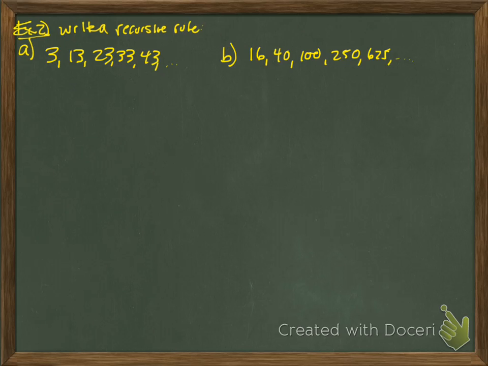So, for part A, as we investigate this sequence, you might notice that every time we are just simply adding 10 to the previous term to get the new term. That means my common difference for this arithmetic sequence is 10, right?